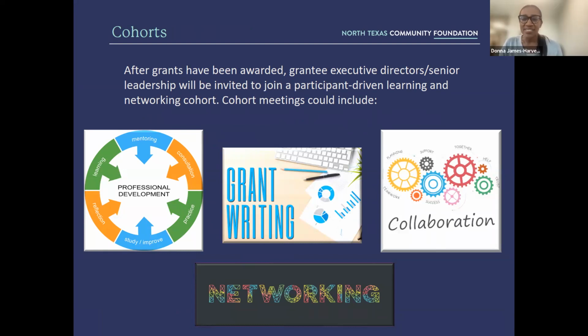So yes, this is probably one of the most exciting components of FAIR, and it's somewhat unique to FAIR, our cohort model. So once an organization has received and been awarded a grant, the executive director or a member of the leadership team, those who have decision-making abilities, are asked to participate in the self-driven learning networking cohort.